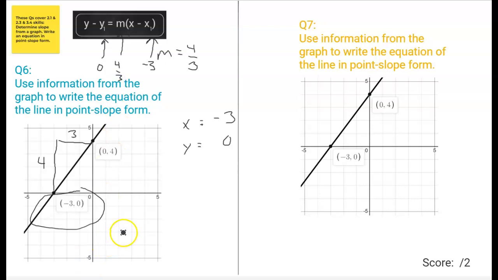So now I'm ready to go. I'm going to write y minus 0 equals, and then my slope, 4/3, and then my parentheses, and then an x, and then minus -3.